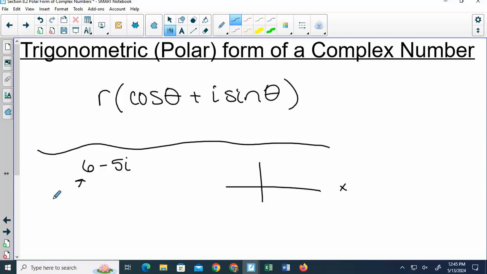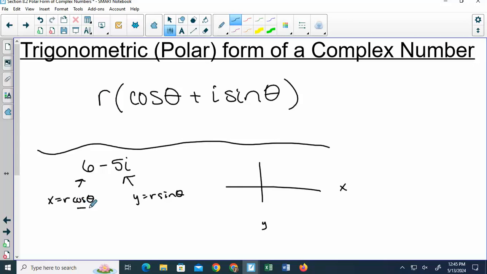So 6 is like our x, which is the r cosine theta. The negative 5, we graph that on the imaginary axis, which is like the y, and y is r sine theta. So if you're thinking of it as an ordered pair, an x and a y, they both have r, so that's where the r out in front comes from.